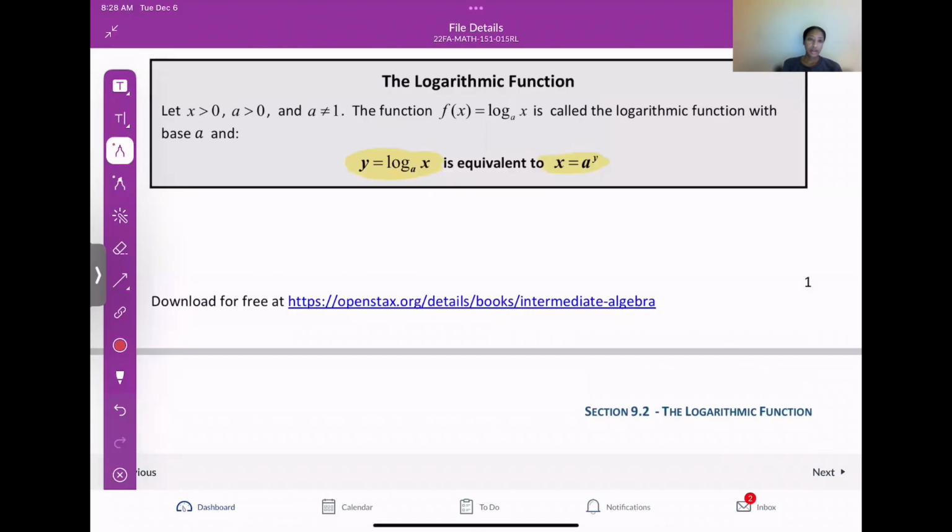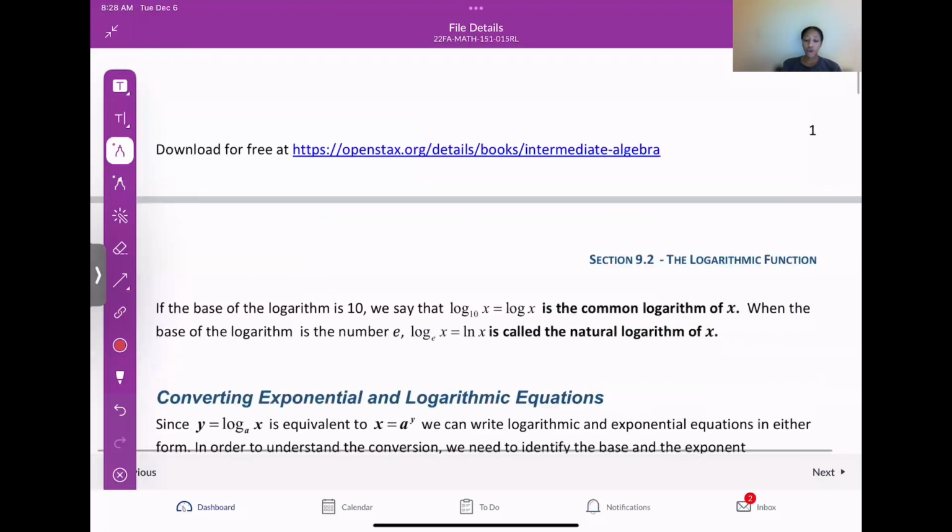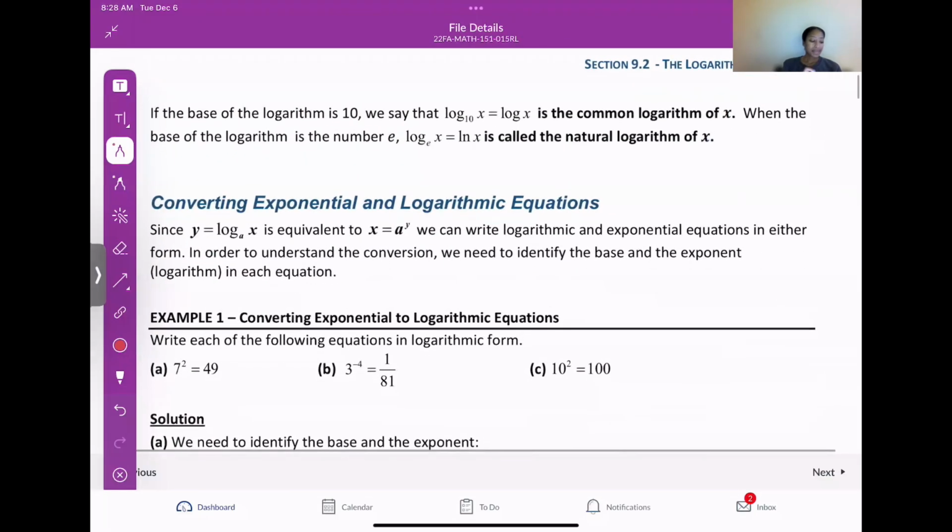The little subscript there is the base of the log, where the a is. There are a couple of special bases that have their own notation. For base 10, that's our first special base, log base 10 of x, we just call it log of x. That is the common log. And the second one is log base e of x.